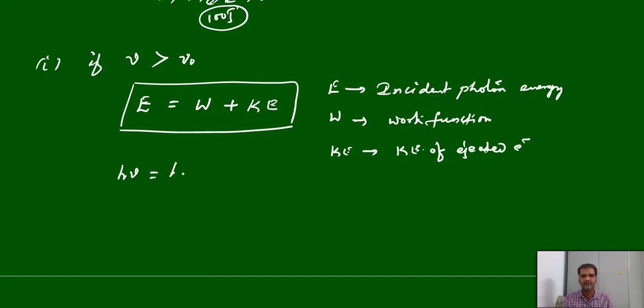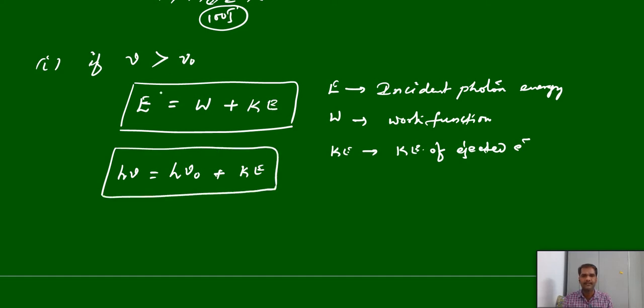W means work function. Just now we have seen that there is a threshold frequency, and Ke means half m v square. We can take the formula like this also. For example, if the data is given in terms of energy values, you can take the first formula directly, or else if the data is given in terms of frequencies, then you can use this formula.